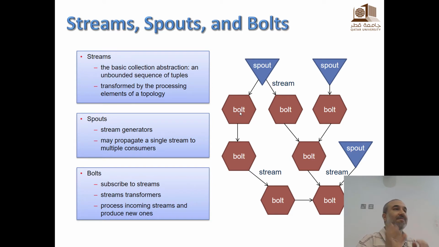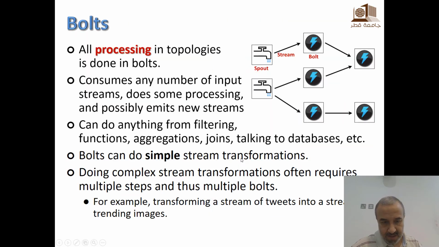Here it's just one tuple, and you process it because that's a stream, and it will be called for each tuple. So each bolt will have its own logic. For example, this bolt takes the stream from that spout, does something, and produces another stream that will be consumed by this bolt.